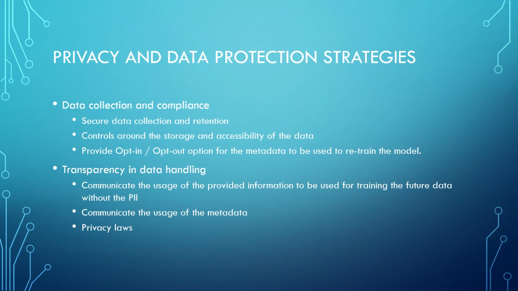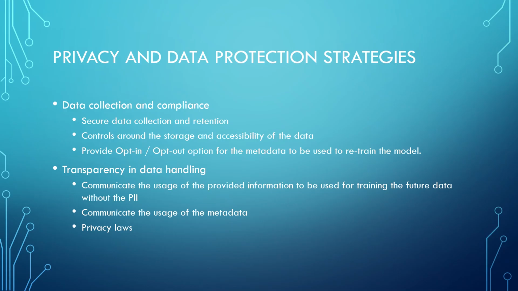Then we have to provide the opt-in, opt-out option for the metadata to be used to retrain the model, making sure that the customer is fully aware of this strategy, that the AI model will be reusing the data for retraining so that the model gets better in future. And for transparency in data handling, we have to very clearly communicate the uses of the provided information for training.